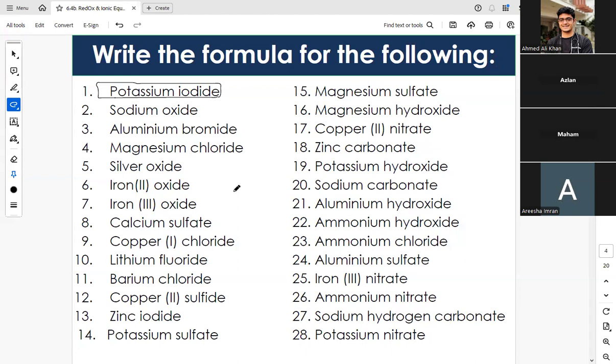Maham, your mic is mute. If you are having problems with your mic, you can just type your answer in the chat box.